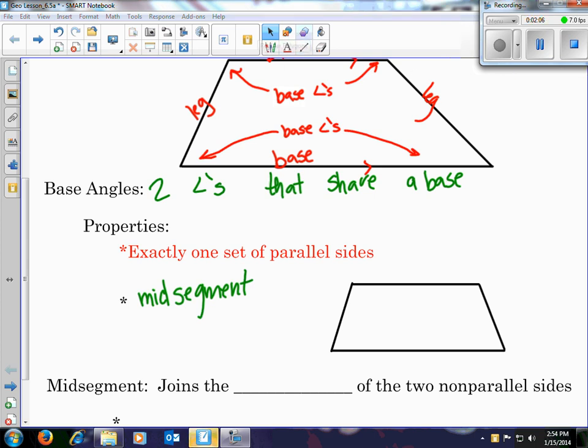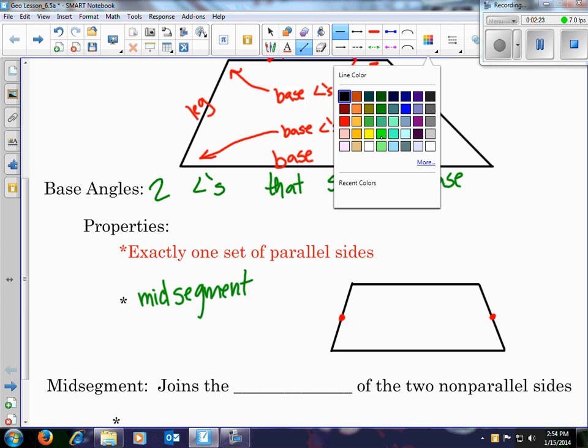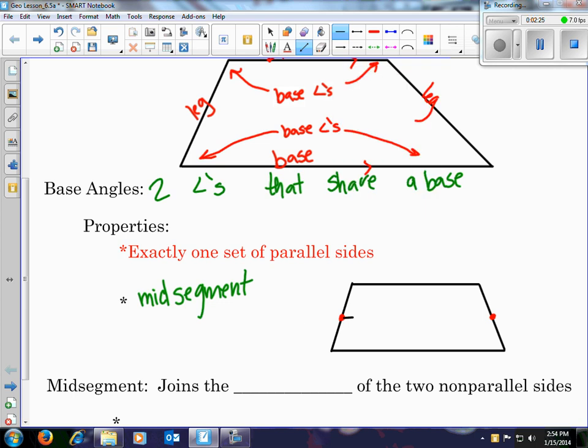Now, my mid-segment is going to connect my two midpoints. So let's make a midpoint, I don't know, there-ish and there-ish. Now if I connect my midpoints, I should have a line that's directly between my two bases.